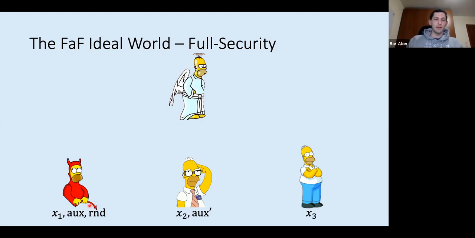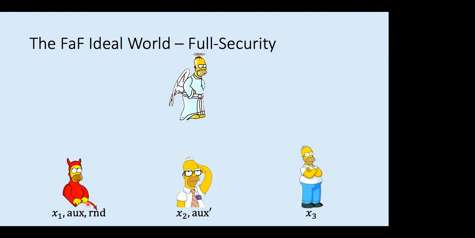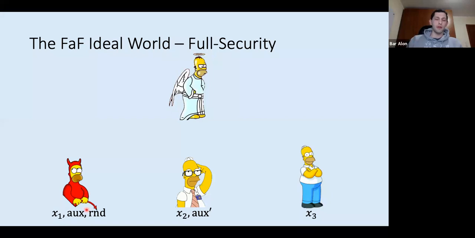I want to specify that he has randomness. He also had randomness in the original definition, but now it will be important to actually stress it. He has some randomness and some prior information, which we call auxiliary information. I don't want to go into why it's important, but it's important for something called the composability of the definition. The auxiliary information is just prior knowledge that he has.